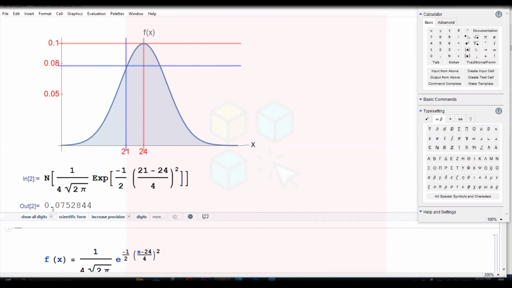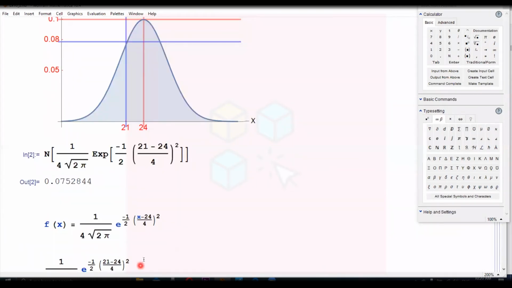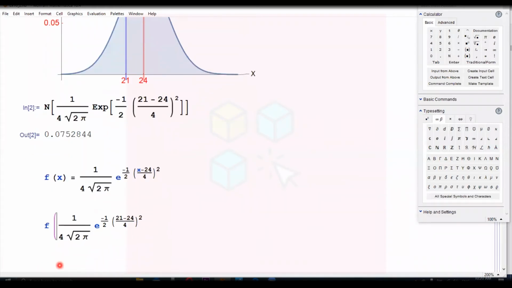The answer is 0.0752844. This is the PDF, and the ordinate at x, we can write as f of 21 is equal to this one, and its answer is 0.0752844.